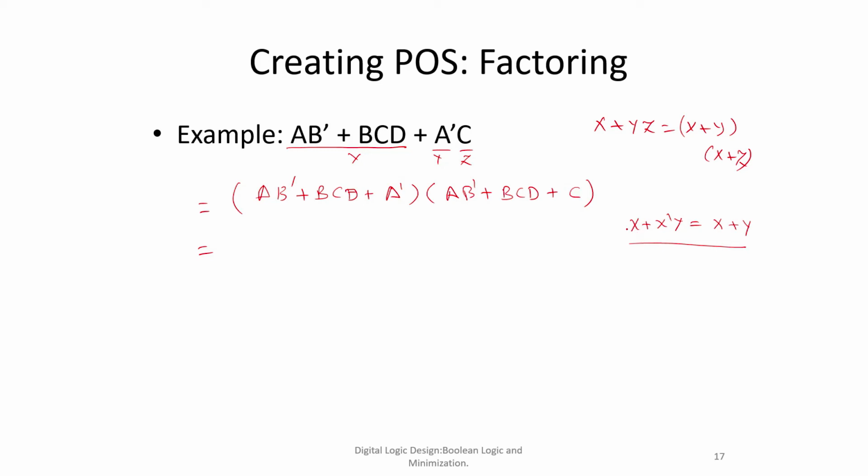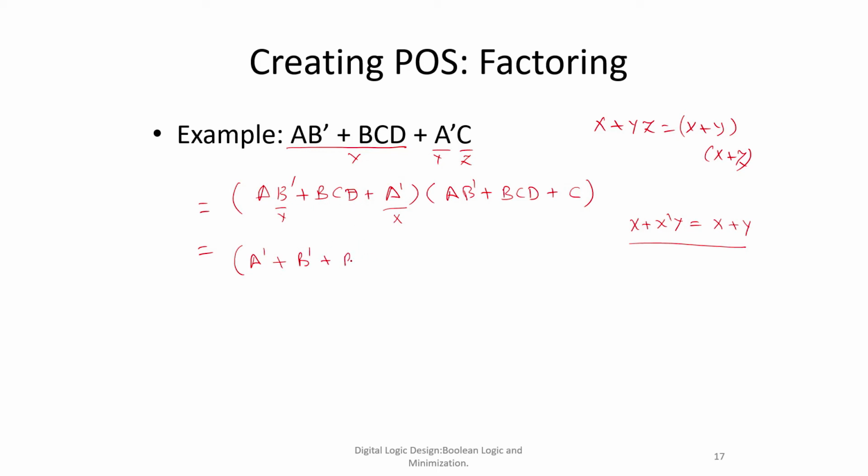Here we have to keep this as x and this as y. So I can rewrite this as a' plus b' plus, this will remain the same because it's a plus term.